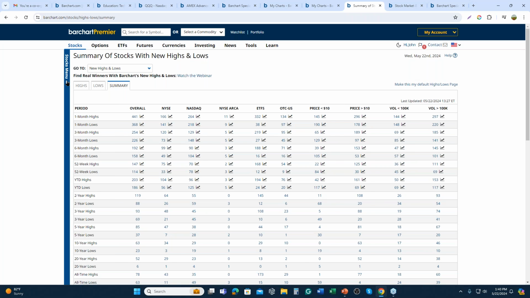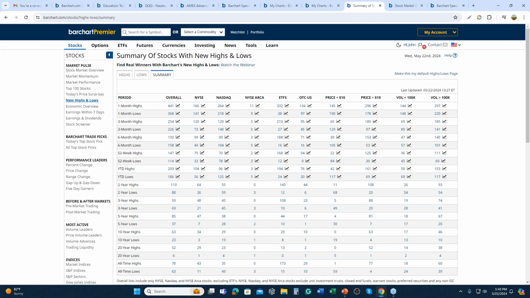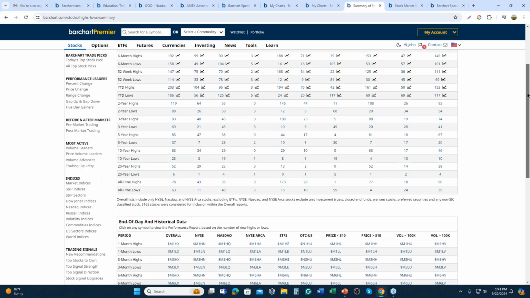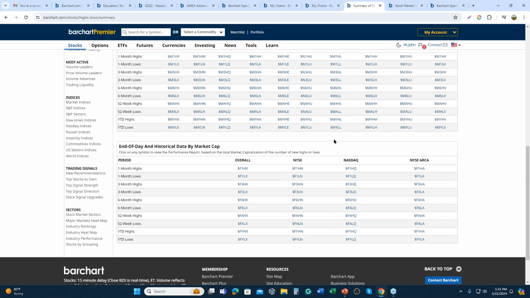So if I go into stocks under highs and lows, and I click on the summary, and I know some of you are going to forget about this, remember, you've got to go to the summary. If I click on the summary tab and go down to the bottom here, what we're seeing is a breadth indicator of new monthly highs and new monthly lows, but this is based on market capitalization.